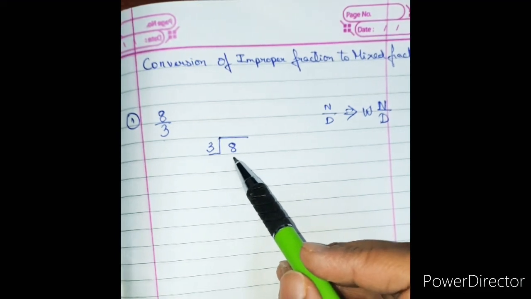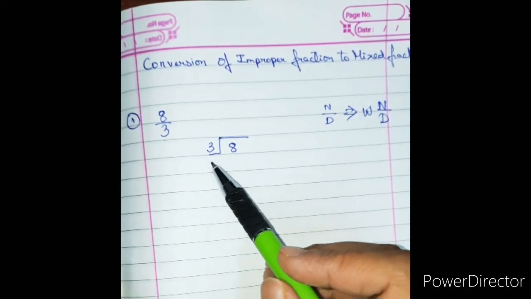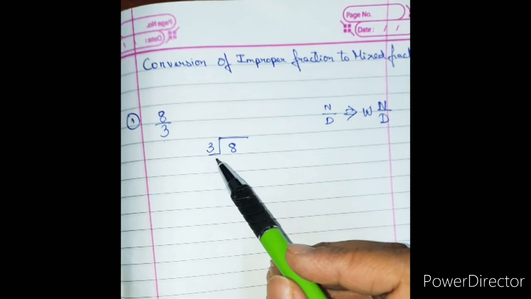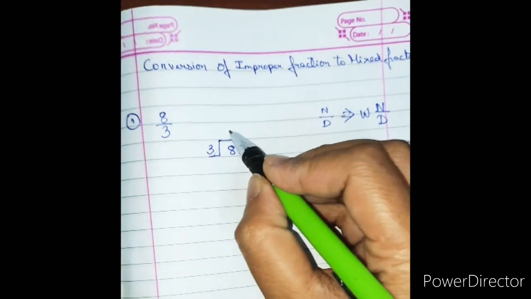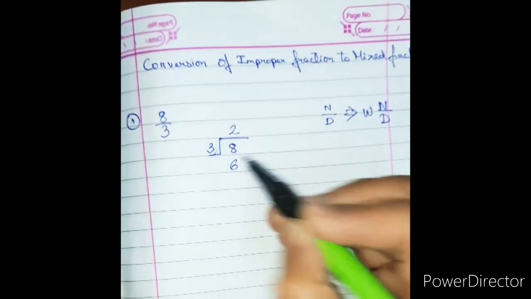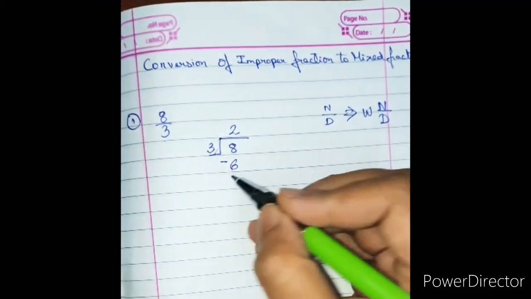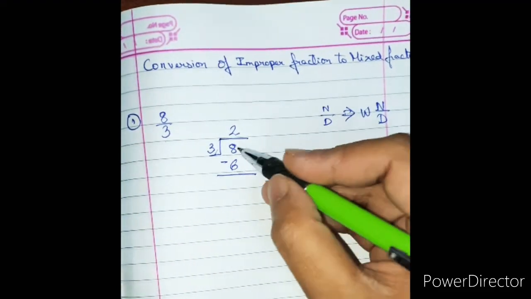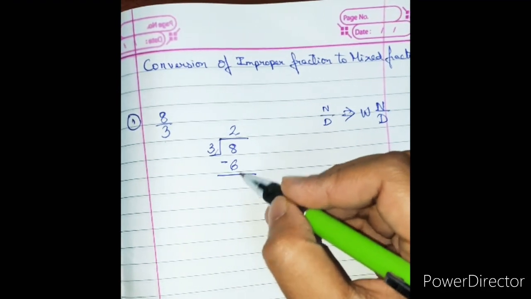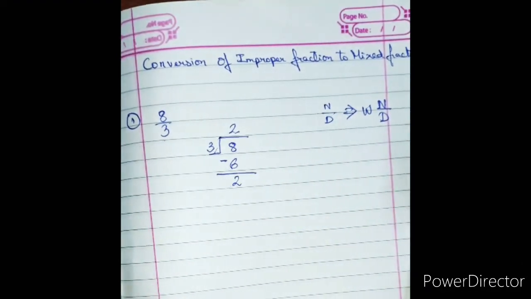We need something less than 8, because 8 is not in the table of 3. So 3 twos are 6. Put the subtraction sign: 8 minus 6 gives you 2.